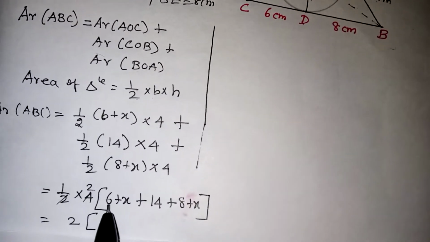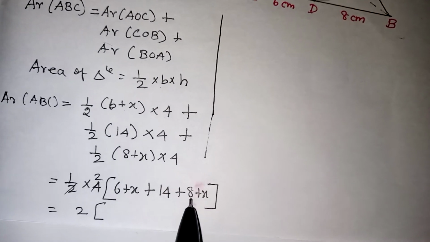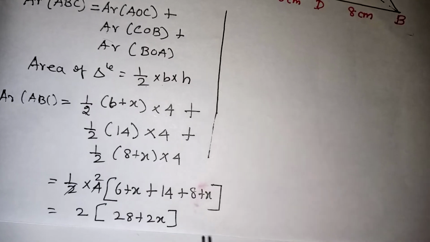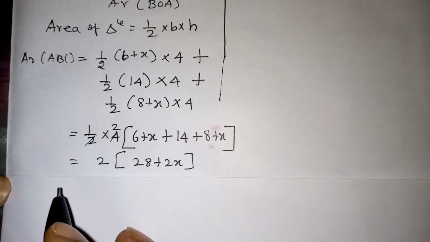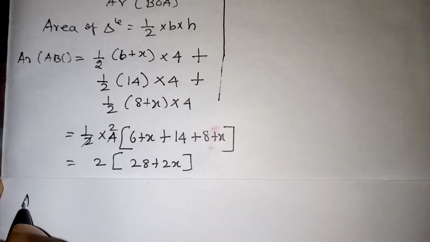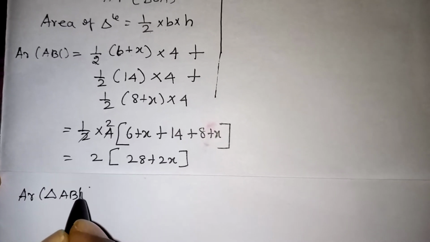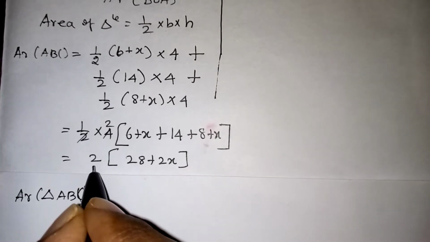Inside we have 6 plus 14 is 20, 20 plus 8 is 28, plus 2x. So finally we are getting the area of triangle ABC, which is equal to, here already we have one half outside.